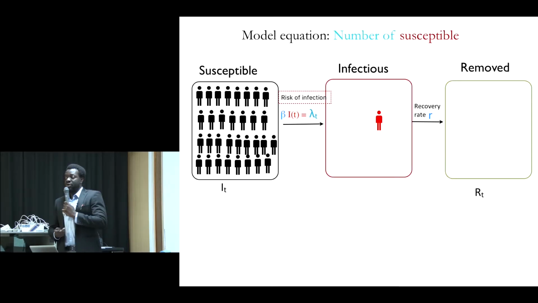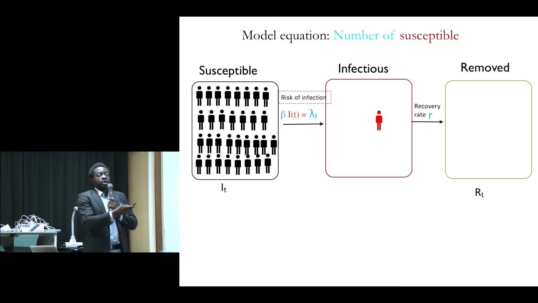It's very simple to understand. For example, we have the susceptible here. Let's try to predict how the number of susceptible changes over time. So we have our susceptible group, infectious group, and removed group.